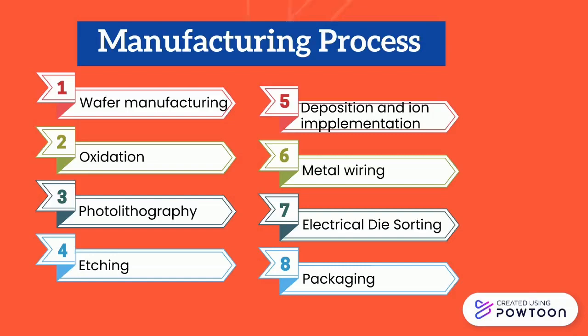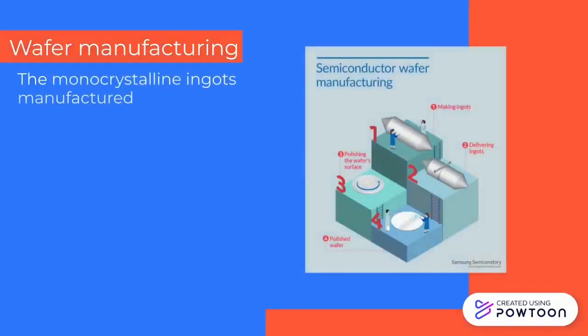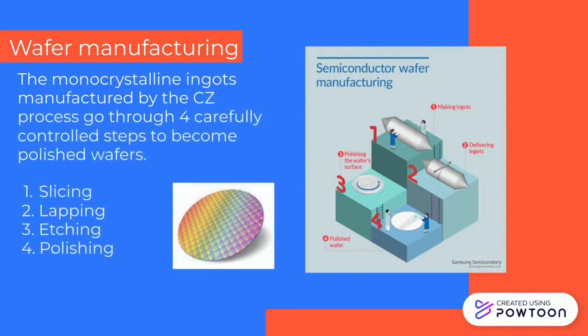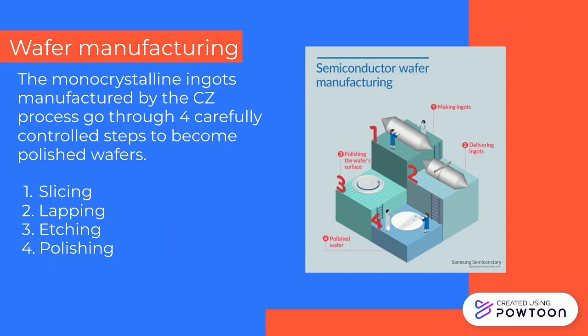Moving on to the first step, which is wafer manufacturing. It is a process where the monocrystalline ingots manufactured by the CZ process go through 4 carefully controlled steps to become a polished wafer. This process includes slicing, lapping, etching, and polishing.